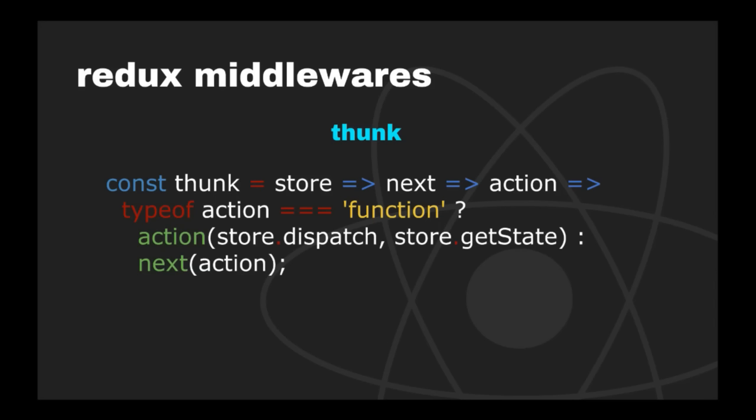So we cannot have asynchronous actions if we don't have the thunk middleware there. And what the thunk middleware actually does is just sending the reference of the dispatch and getState functions to the function action, to the asynchronous action creator in this case. And if it's not returning a function, then it's just a plain old JavaScript object, and it just sends it to the next middleware.